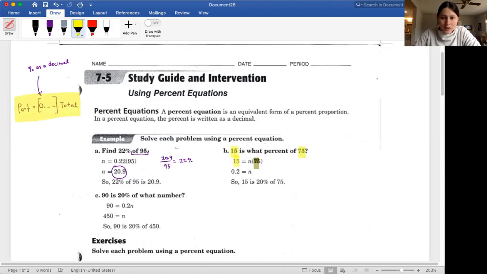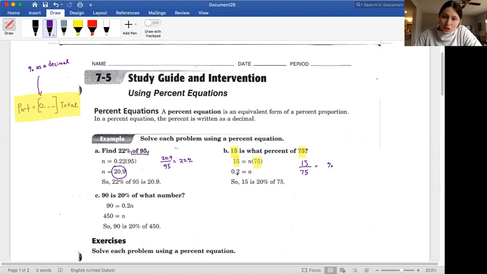I have 75, that goes in the section where it says total. Then I can work this out by dividing on both sides. So 15 divided by 75 is the percent as a decimal. When I divide it, 15 divided by 75 equals 0.2.